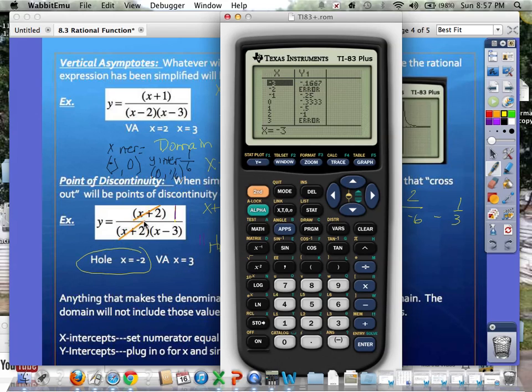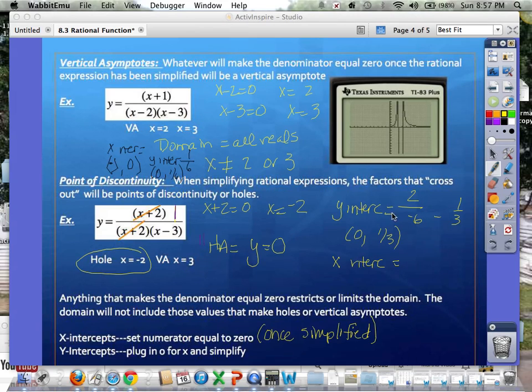Okay, so you'll also see that we have your y-intercept at 0, negative 1/3, okay, which is what we found, and there is no x-intercept. Okay, so double check all your work.